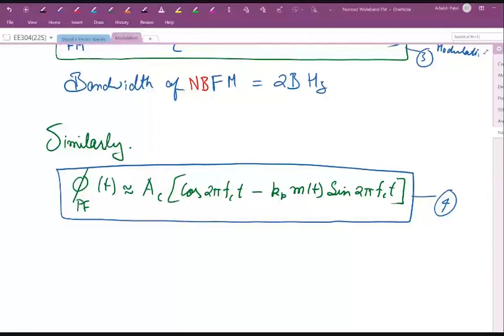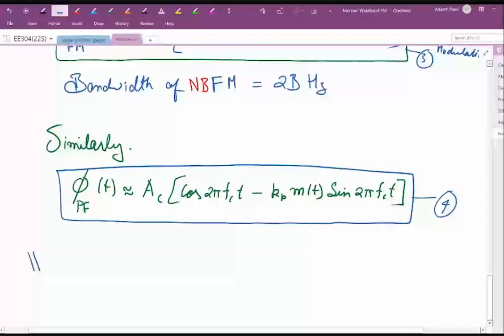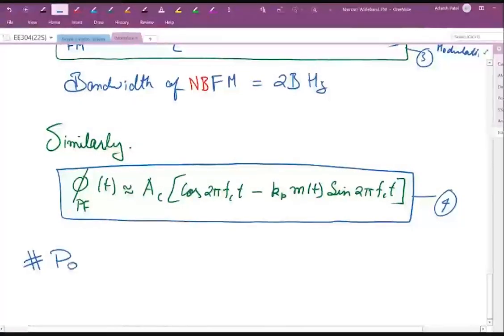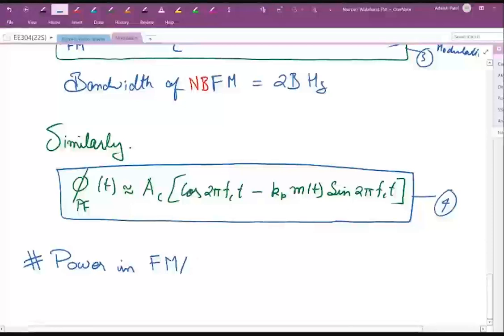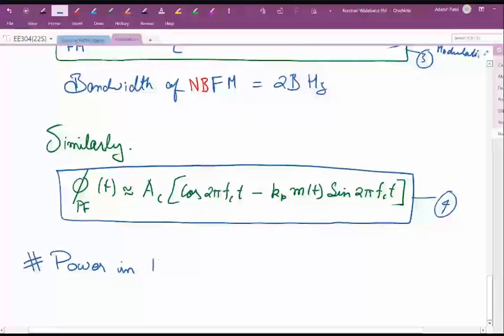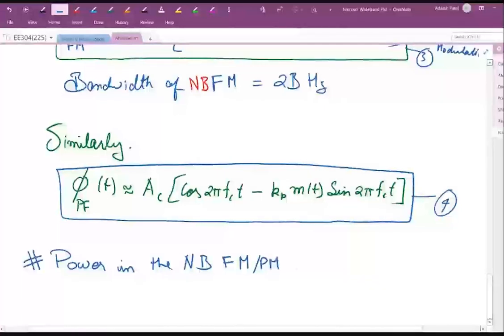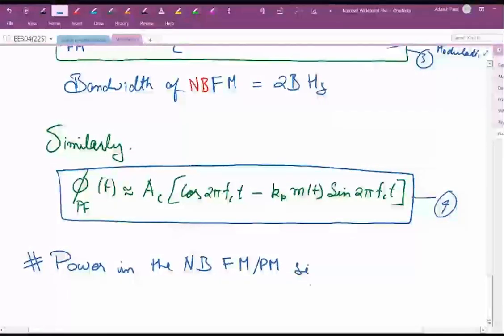If I want to calculate the power in this narrowband FM or PM signal, what is that?